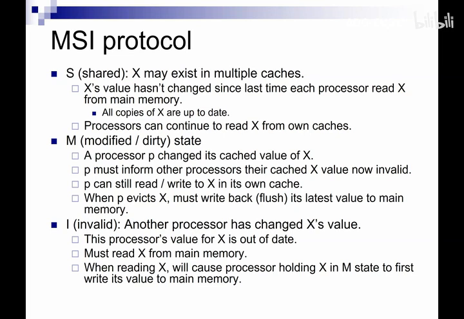The processor which has the newest value for X would be in the M state, because that processor, as we said over here, changed the cache value of X.